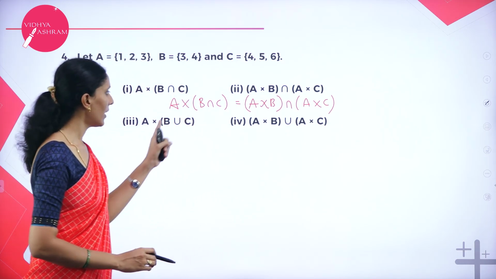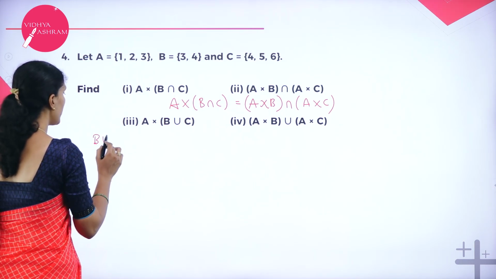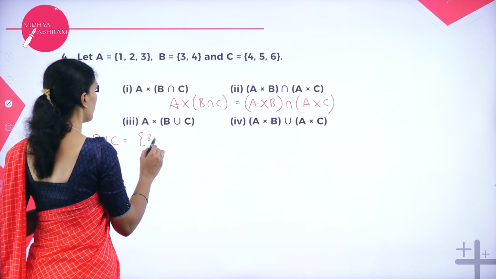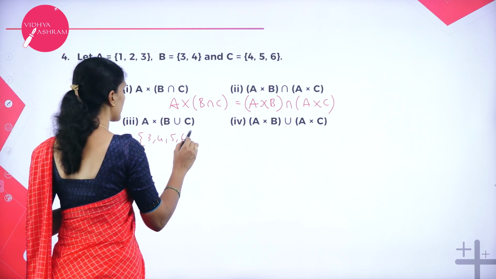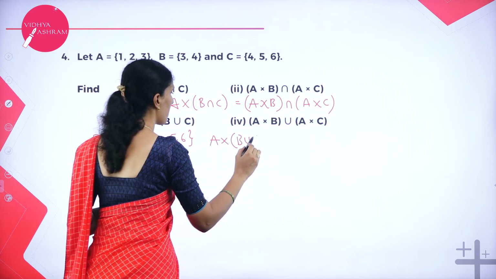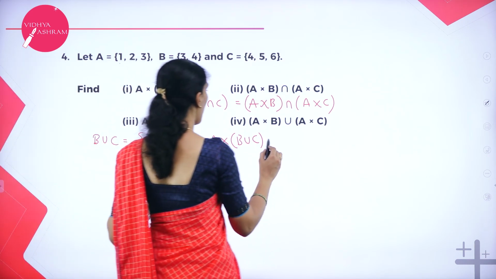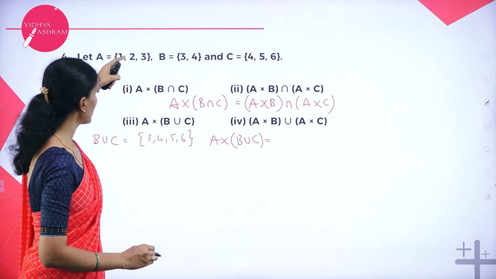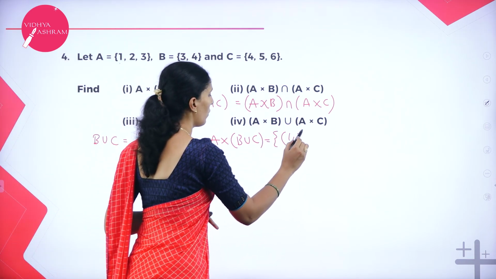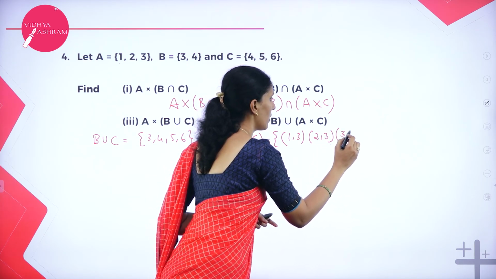Now let me look at the third and fourth. Let me verify B union C first. What is B union C? B union C is {3, 4, 5, 6}. Now pair it with A: A cross (B union C). With the elements of B union C, you should pair the elements of A. Pairing with 3: (1, 3), (2, 3), (3, 3).